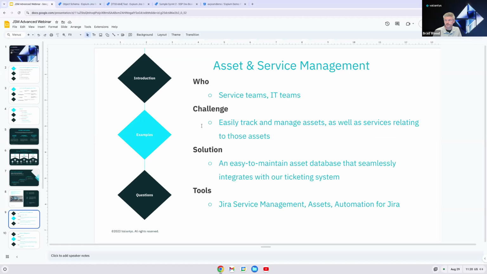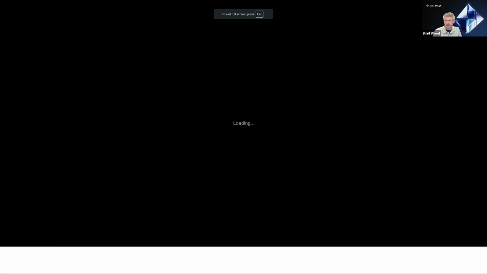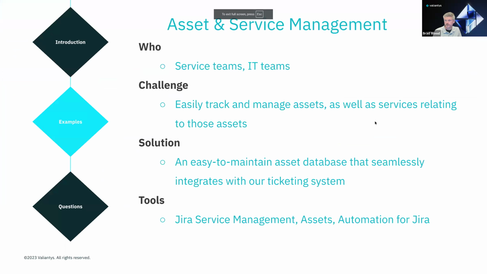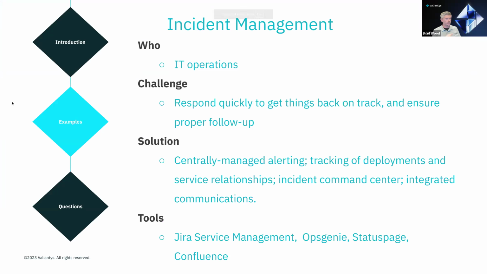All right. We're going to go back to our slides briefly, and we're going to move on to incident management. So this demo is really for our IT operations teams. The challenge we see for them is how to respond quickly to incidents to get things back on track and ensure proper follow-up.